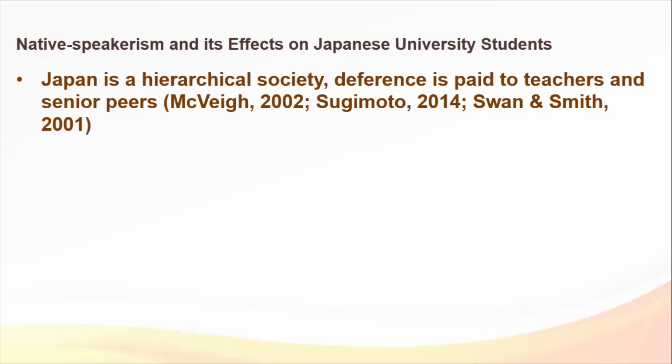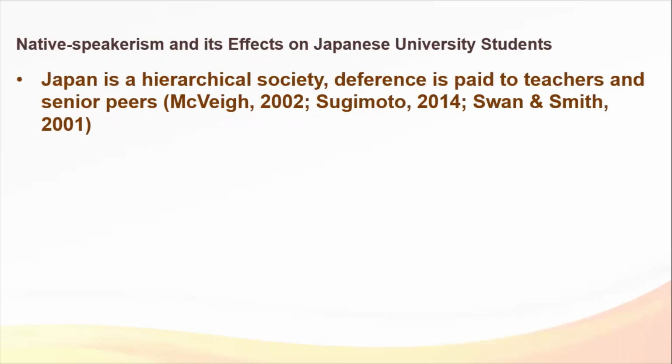As I read, Japan is a hierarchical society where deference is paid to teachers and senior peers. If you don't know, in Japan, there's what they call a kohai senpai culture, senior, junior students culture, and it's the same in work and in business.